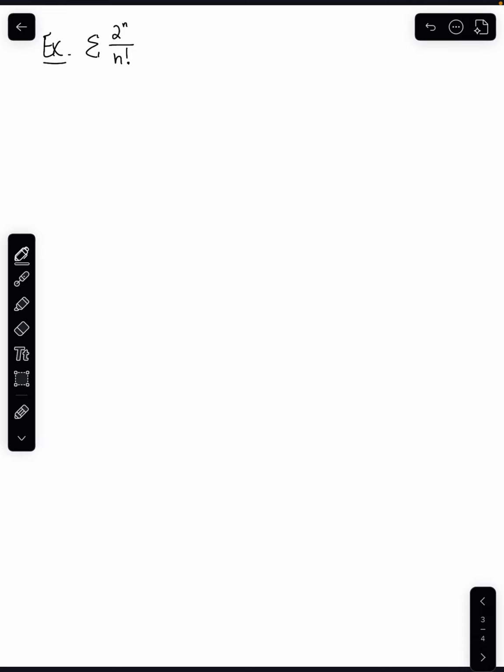The direct comparison test perhaps could, but since factorials are a bit unusual to us, finding a comparison series to them is not as easy as we might think. The same thing with the limit comparison test. However, the ratio test is very, very well suited to dealing with factorials, as we will see in a moment.